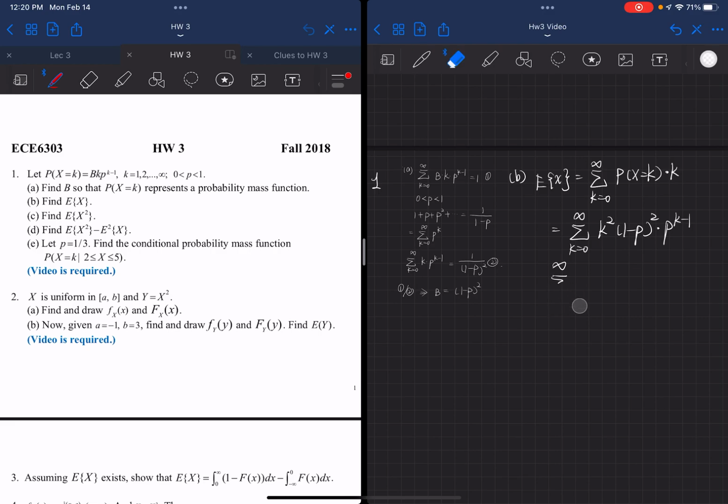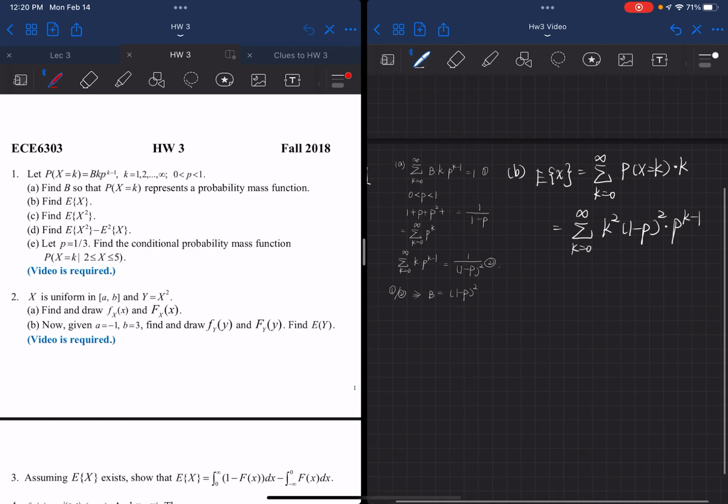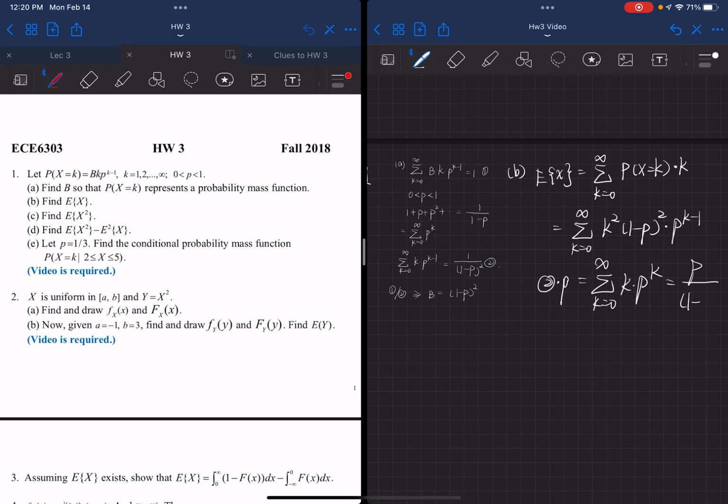if we multiply equation 2 by p, we get the summation of k times p to the power of k, and it equals p divided by 1 minus p to the power of 2.